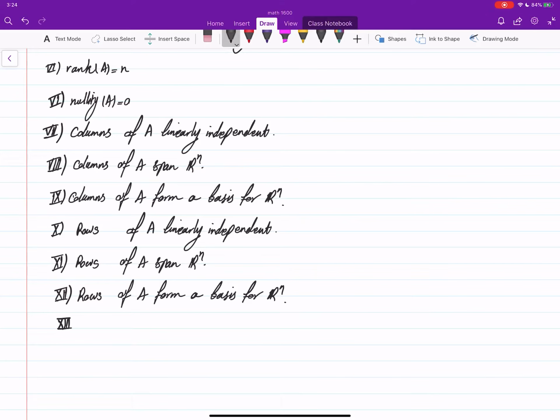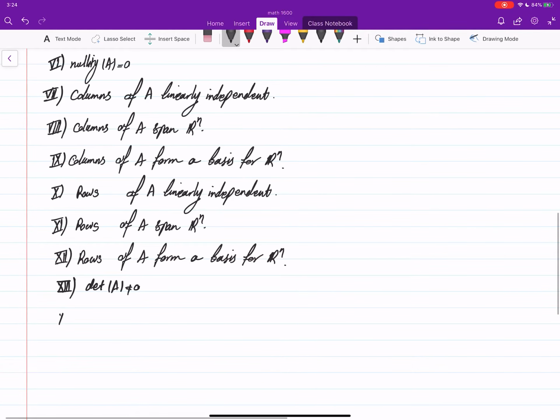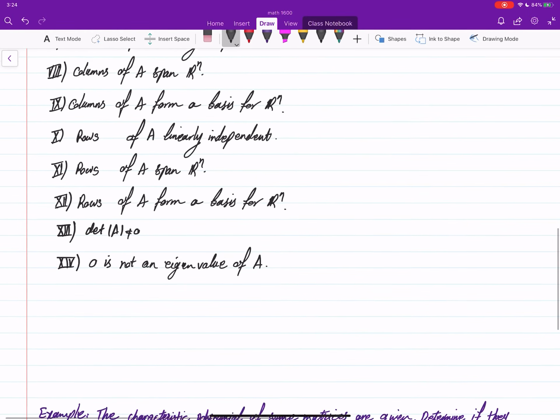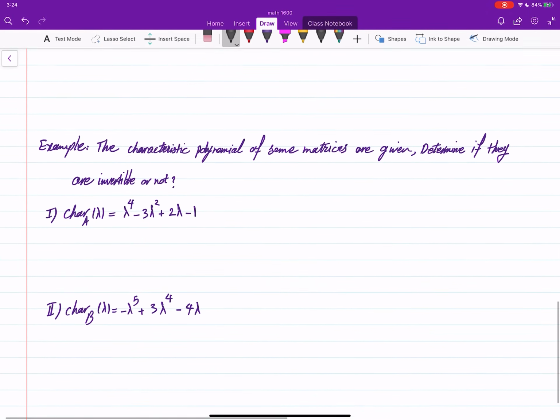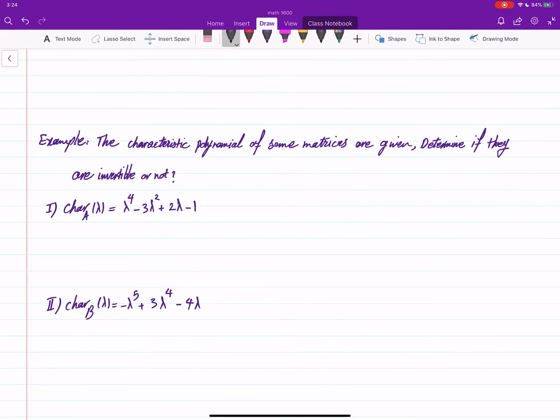The 13th says that A is invertible if and only if the determinant of A is non-zero, and the 14th condition is that 0 is not an eigenvalue of A. So just by looking at the eigenvalues of A, we can determine if the matrix is invertible or not. Well, let's do another fun example for this. Characteristic polynomials of some matrices, A and B, are given. Determine if these are invertible or not.